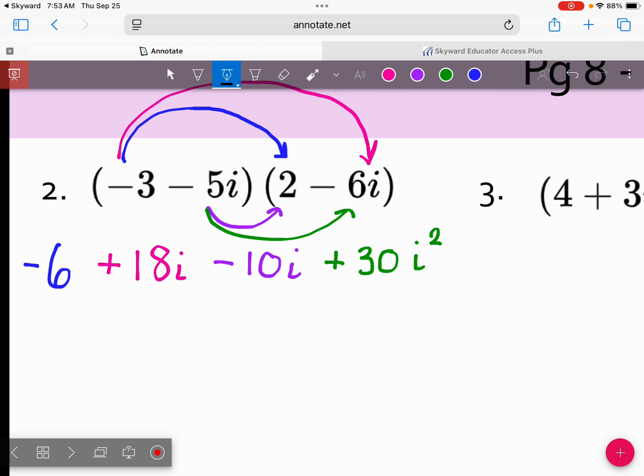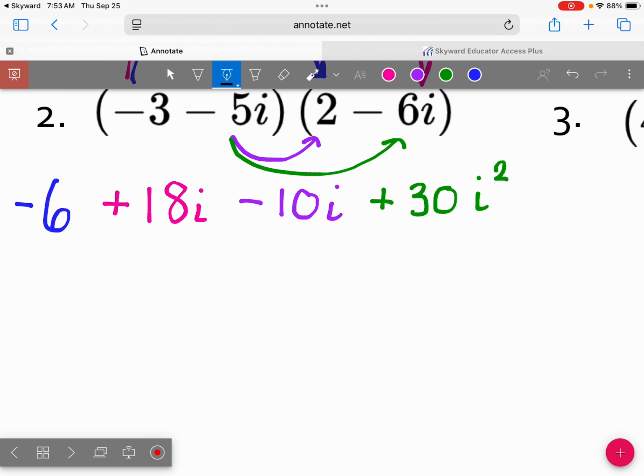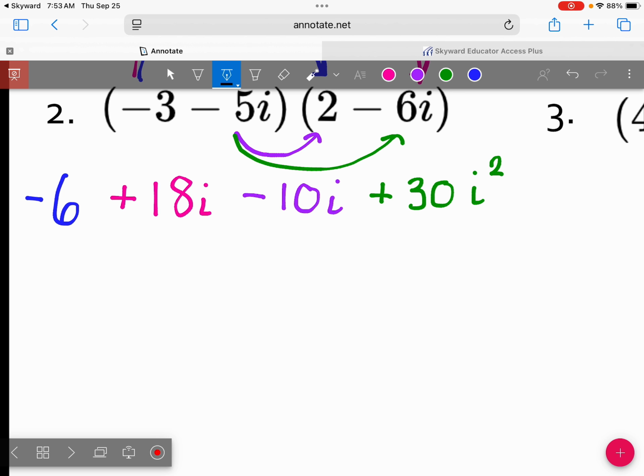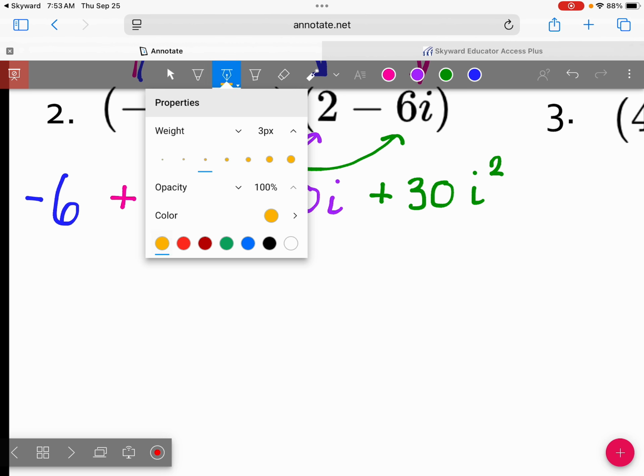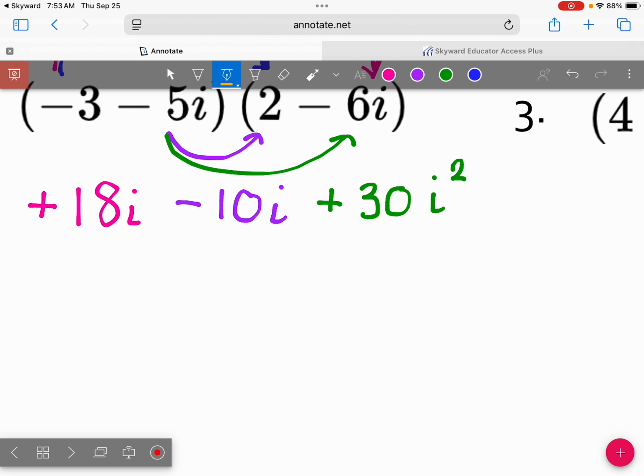What can we do next? What does i squared really mean? Negative 1. So this is the same thing as if I had 30 times negative 1.